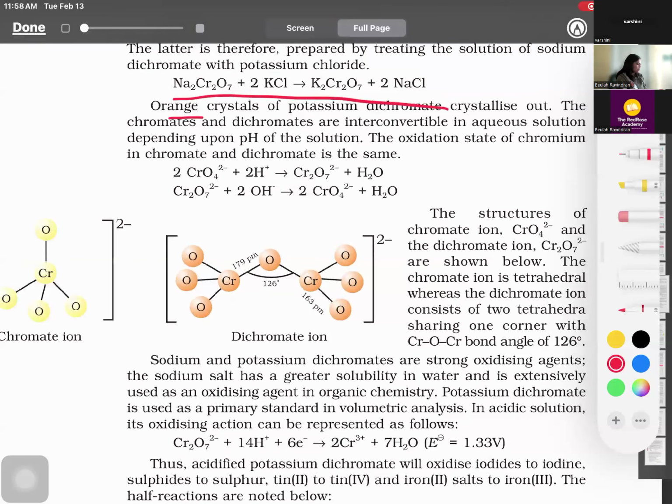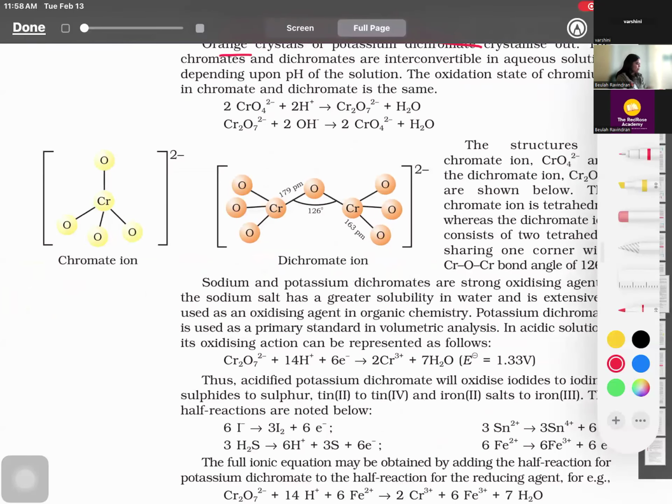So you know the structure now, right? Chromate ion and dichromate ion. Dichromate is really like a butterfly structure. You can imagine it in a way. This is the chromate ion. What is the formula for chromate?